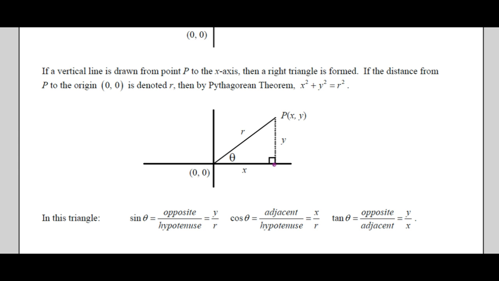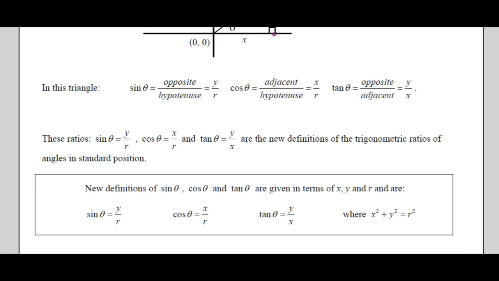So in this triangle, sine theta is opposite over hypotenuse. The opposite is y, the hypotenuse is r. Cosine is adjacent. The adjacent to angle theta is x, and the hypotenuse is r, and tan theta is opposite over adjacent, or y over x. These ratios, sine theta is y over r, cos theta is x over r, and tan theta is y over x, are the new definitions of trig ratios for angles in standard position.